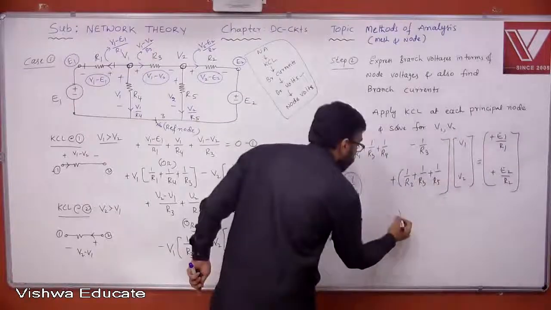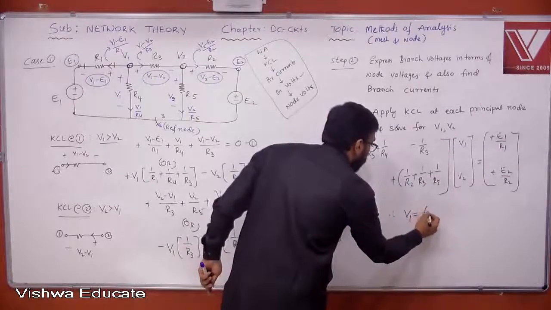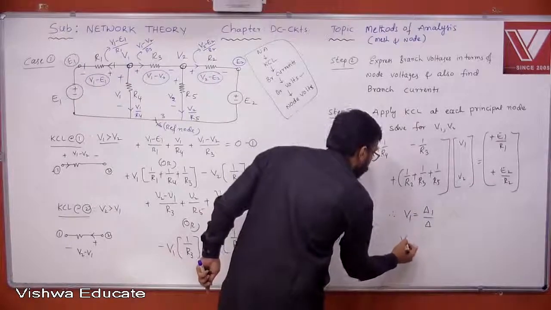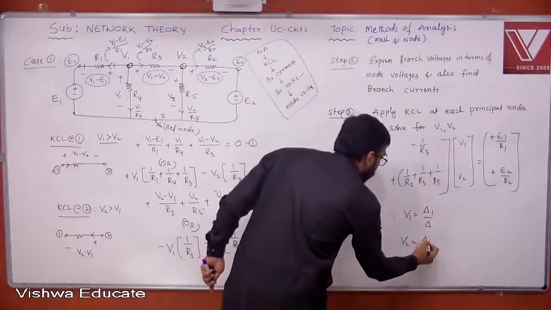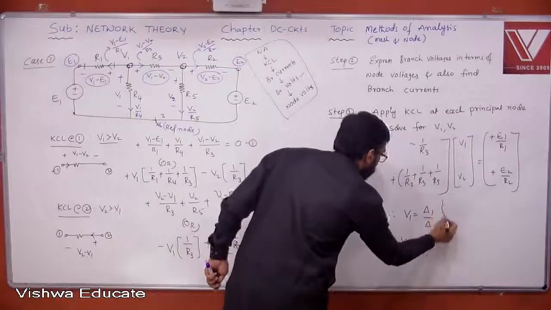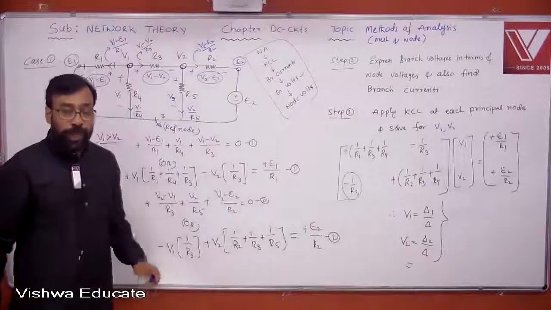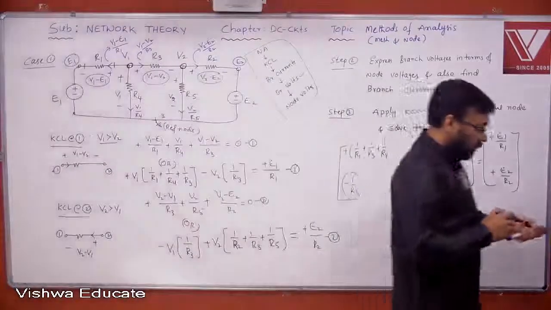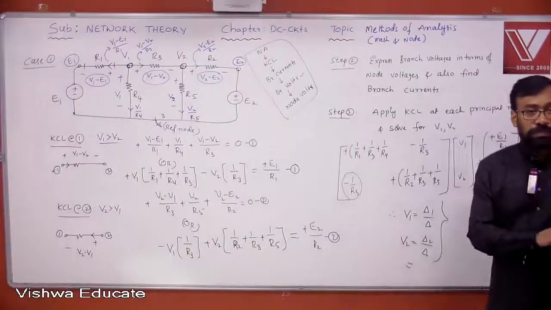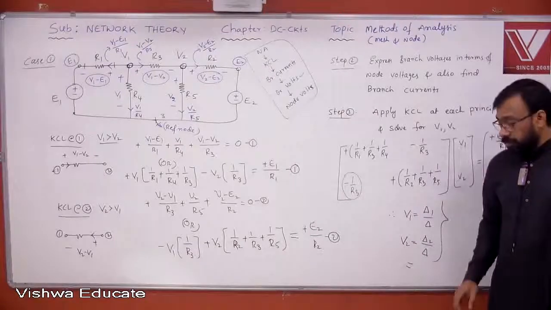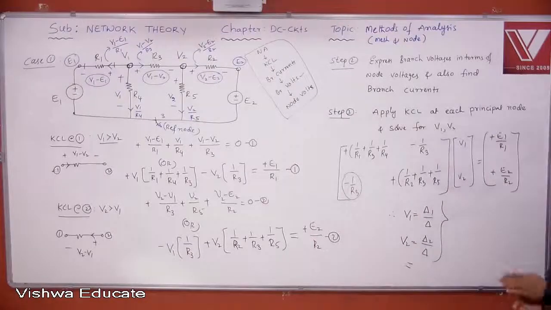Therefore, simply apply Cramer's rule, delta 1 by delta, V2 delta 2 by delta. That's it. Apply Cramer's rule and solve the equations. I hope you understand. Please note down this.